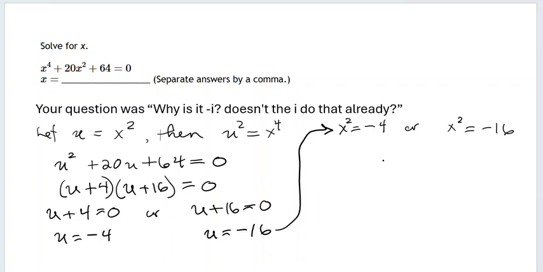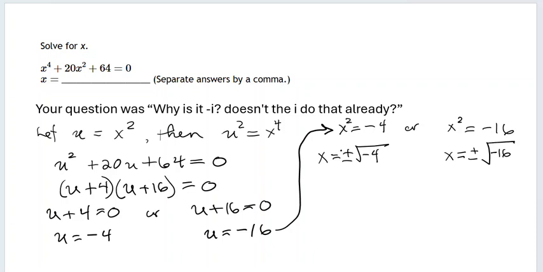And now I have to take the square root of both sides, remembering to take the plus or minus. So I would have x is equal to the positive or negative square root of -4, and also x is equal to the positive or negative square root of -16.